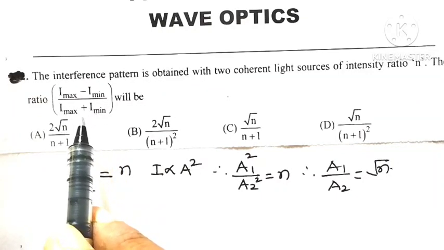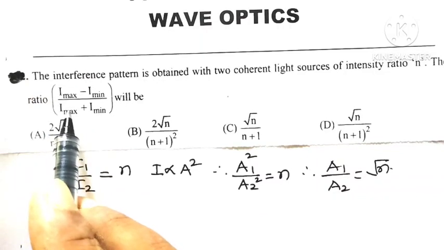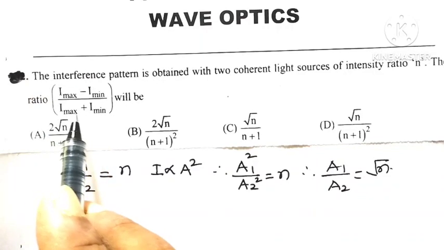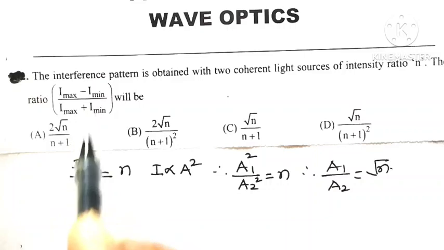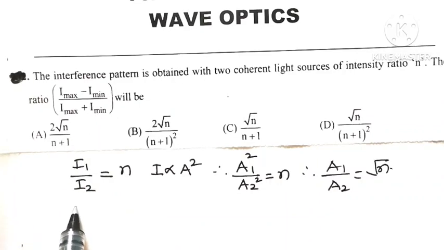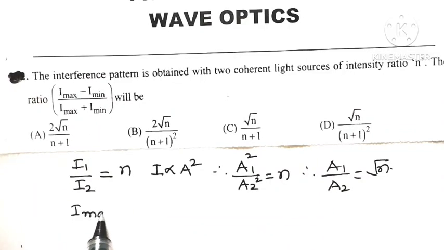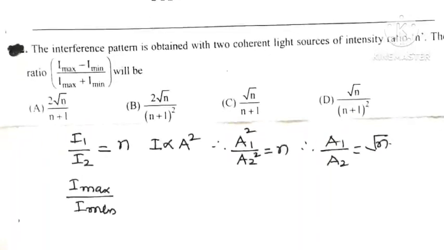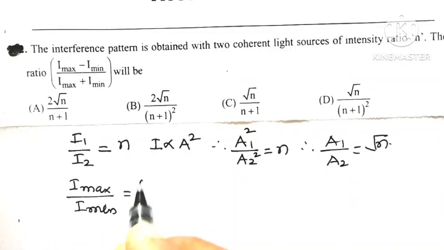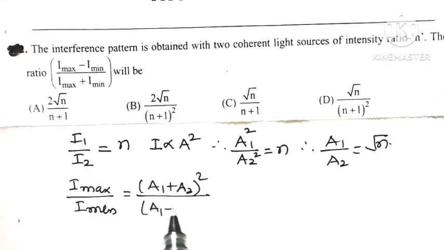Now here we want to find the ratio of Imax minus I minimum upon Imax plus I minimum. Let us first find the maximum intensity to that of the minimum intensity, Imax to I minimum. Imax is equal to (A1 plus A2) whole square, and I minimum is (A1 minus A2) whole square.